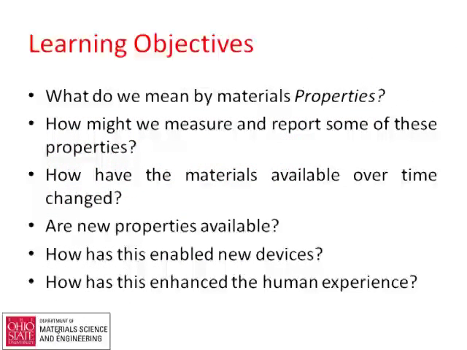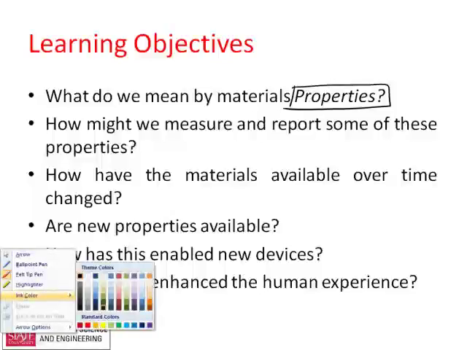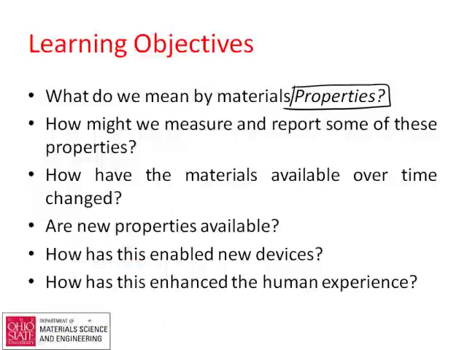What I'll try to do in every lecture is lead with some learning objectives. A few things I want to go through: talk a little bit specifically about what we mean by materials properties in this context, and define some properties that we care about.